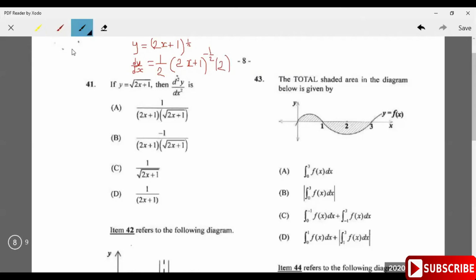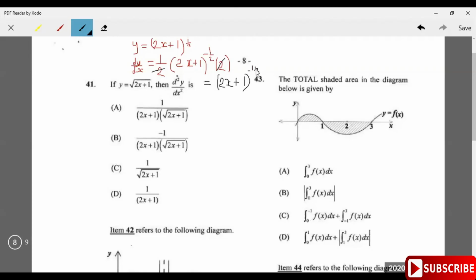Now this 2 cancels the half, and so dy by dx is really just equal to 2x plus 1 to the minus half.